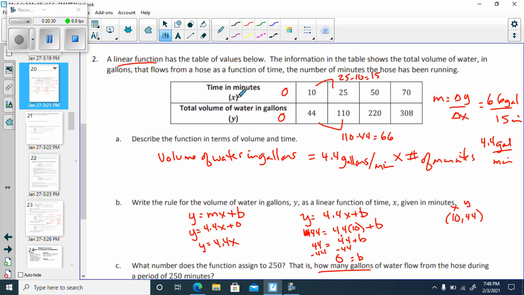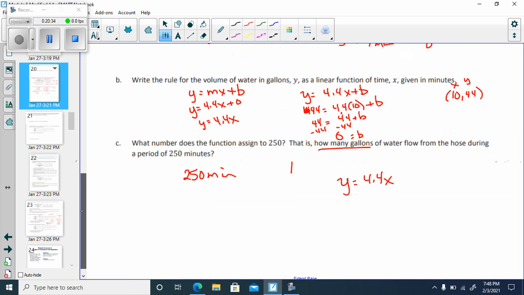Our x is minutes, our y is gallons. So we're looking for y. Y is equal to 4.4 gallons per minute times 250 minutes. Plug that in, 4.4 times 250, and you get 1,100. That's how many gallons you would get in 250 minutes.